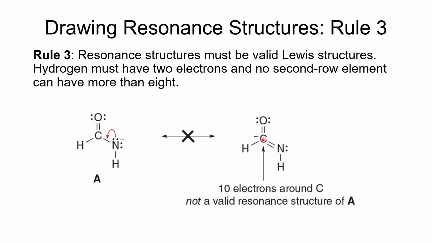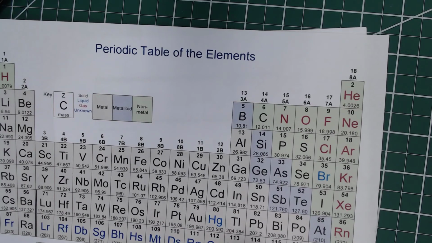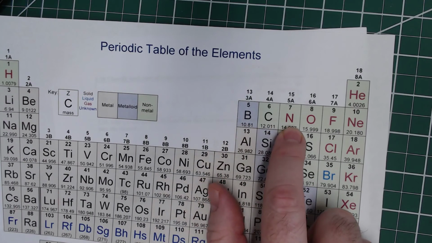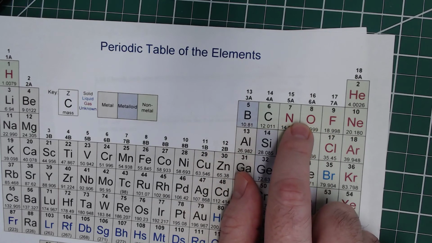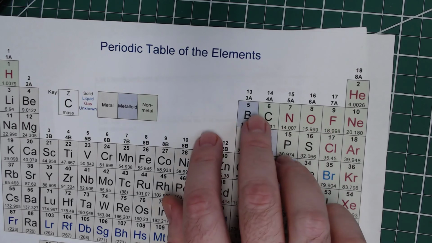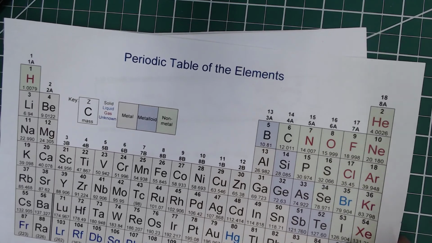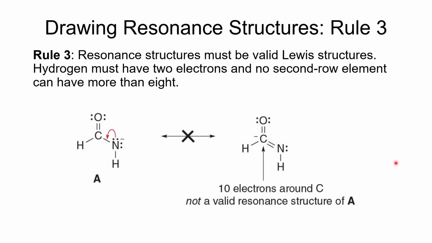So it's not a valid Lewis structure because of the 10 electrons around carbon. If you ever find that there are 10 electrons around carbon, nitrogen, oxygen, fluorine, or boron, any of these, if you have more than 8 electrons around them, so 10 or more, it is not a valid structure. You just can't do that.